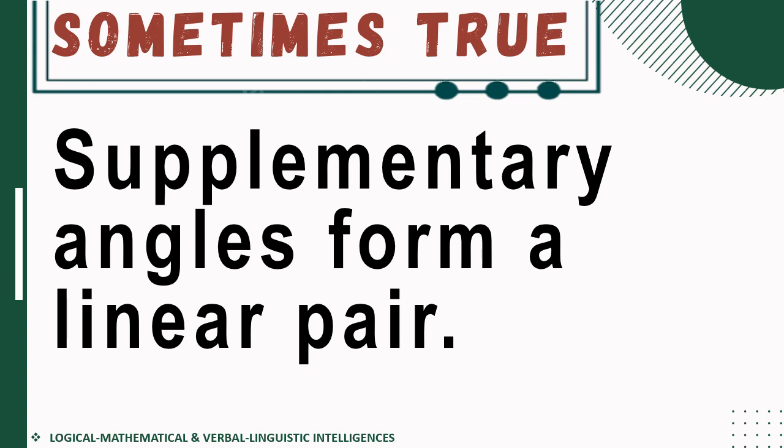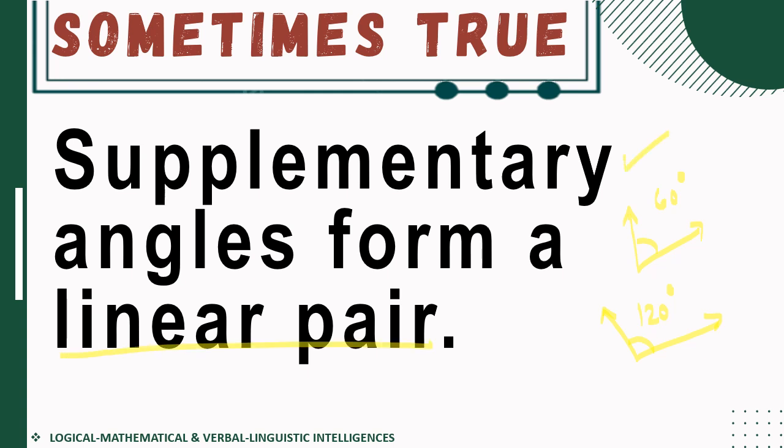So definitely, if our example angle is, let's say, 60 degrees, and then the other one is 120 degrees. So 60 degrees plus 120 degrees is 180 degrees. Yes, it's supplementary, but it's not a linear pair.